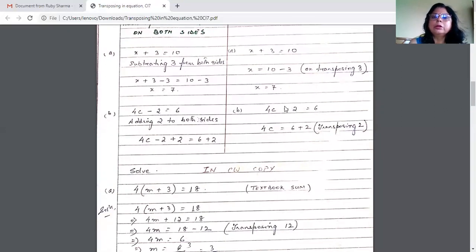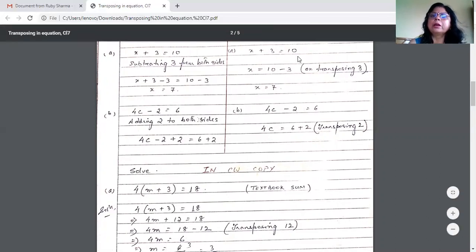Now, in this case, first we had to add 2 to remove this 2, isn't it? So instead of doing that, we can directly take minus 2 to the other side. So when we move minus 2 from left hand side to right hand side, minus 2 will become plus 2, like plus 3 had become minus 3.